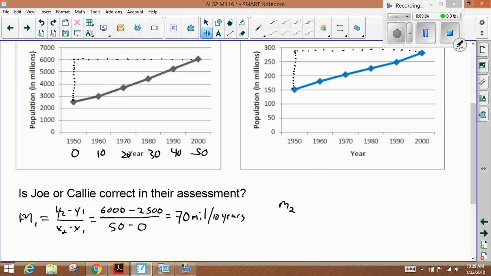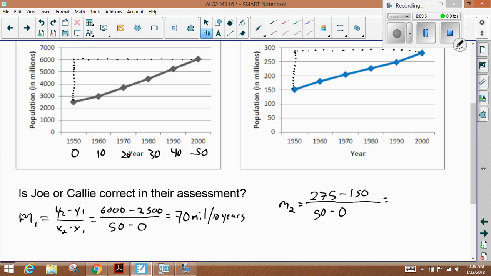I was excited about writing 7, I guess, so I wanted to write it first. 275 minus 150, all over our last x value, so again, it's 50, right? We'll say year 50 over year 0.